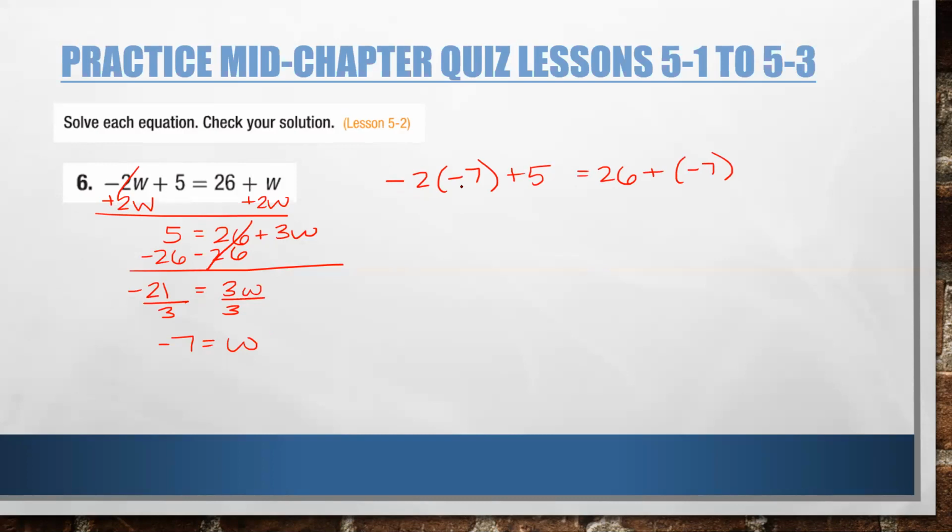So we have negative 2 times negative 2, that would be 14 plus 5, and then 26 plus negative 7, that would be positive 19, and then 14 plus 5 is 19, and 19 is equal to 19, so you know you have the correct solution. Okay, so keep that in mind.